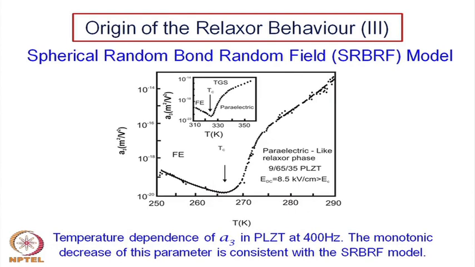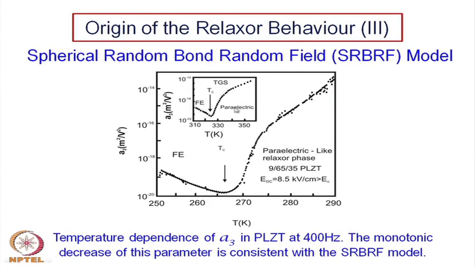So, this kind of monotonic change is an indication of the Relaxor Ferroelectrics, and it also provides a clue that actual nano size domains are present in these ferroelectrics or compounds. This is also another one, triglycine sulfide.